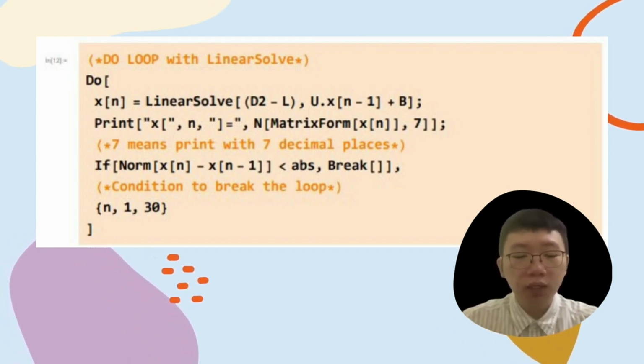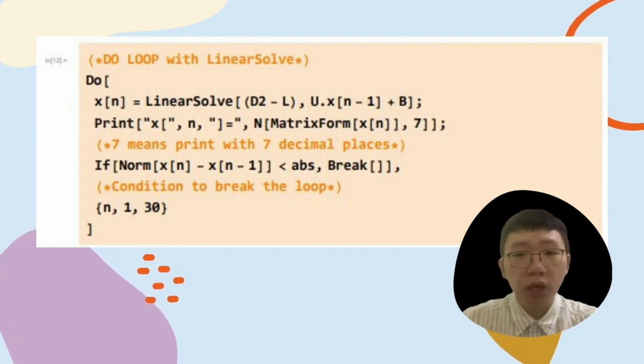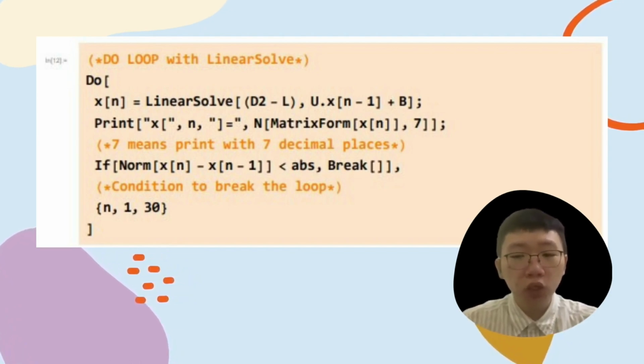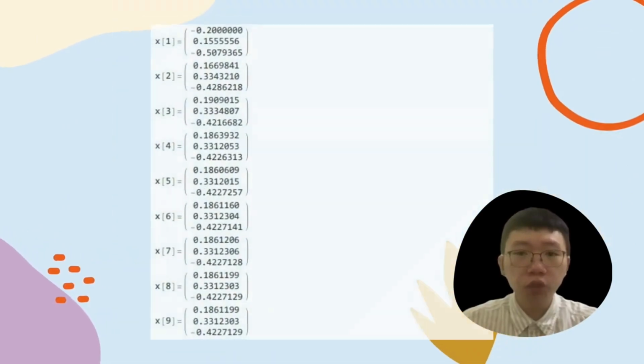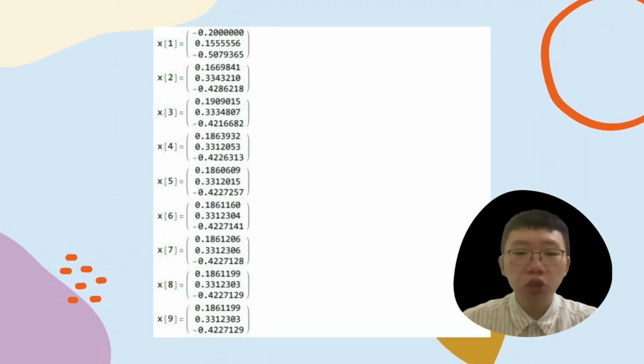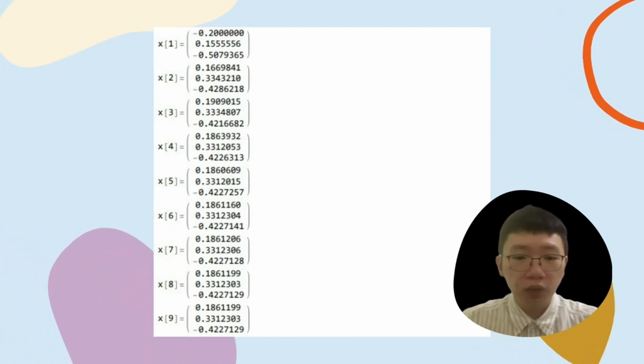The following line is the if statement, which is the condition used to break our do loop. The if statement means that our output will break when the norm of xn minus xn minus 1 is less than our tolerance. So our output is shown below and our iteration stops at 8 iterations.